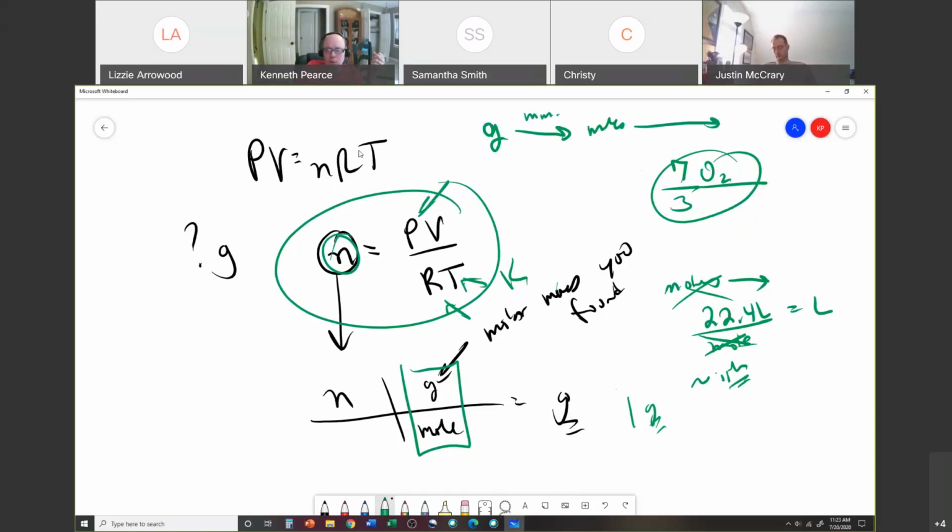Then you would use your mole ratio, 7-3, I think it is. I could be wrong, but it comes off the balanced equation. Once you get the moles of the O2, then you would use your 22.4 liters per mole. You see what I'm saying? Yes. So you would go from grams to moles, use your mole ratio to get to the other moles, and then use your STP number, which is 22.4 liters per mole, to get to your liters.